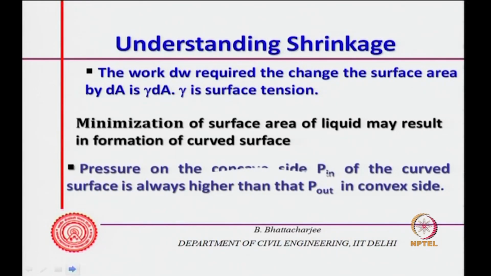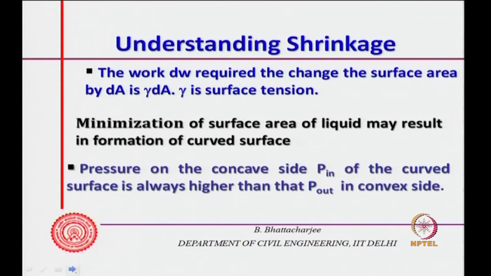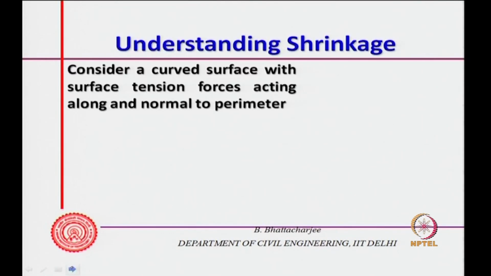So, meniscus and so on. Usually the pressure on the concave side of the curve is always higher than that on the convex side, because molecules will try to pull each other in a given way, and the pressure on this side is usually higher.